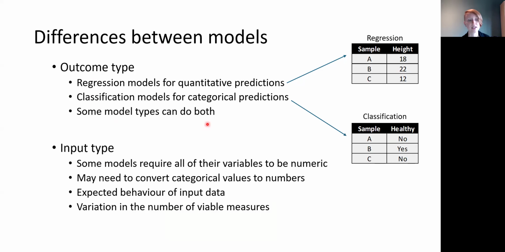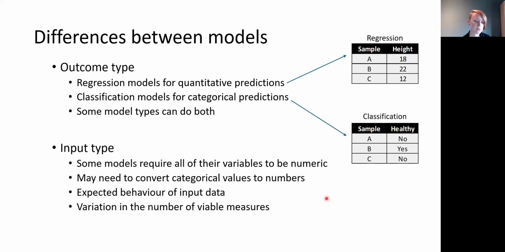And again, the input type of data that we have will also influence what kind of model we use. So some require all of their variables to be numeric, so we might have to convert any categorical values to numbers. There's also some models expect certain behavior for our input data. For example, some require data to be normally distributed and on similar scales and things like that.